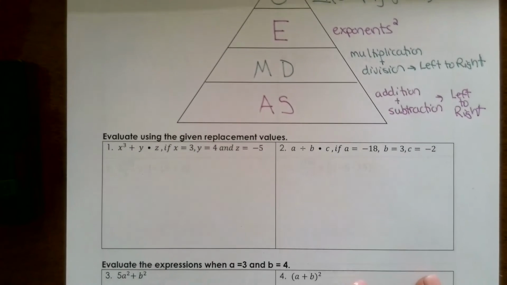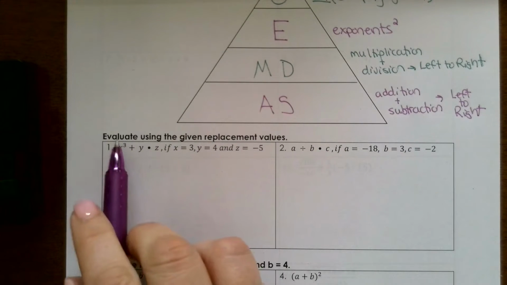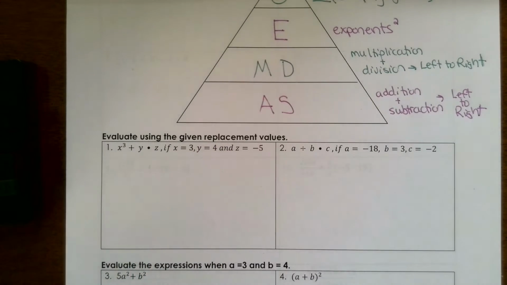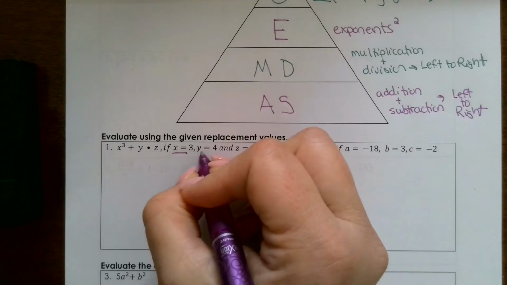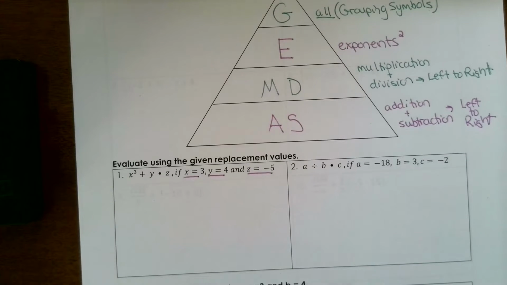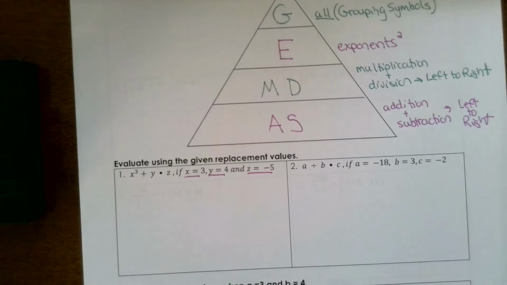Let's take a look at number 1 here. This says to evaluate using the given replacement values. X equals 3, y equals 4, z equals -5. So I will be replacing the x with 3, substituting the 4 for y, and substituting this replacement value of -5 for z.